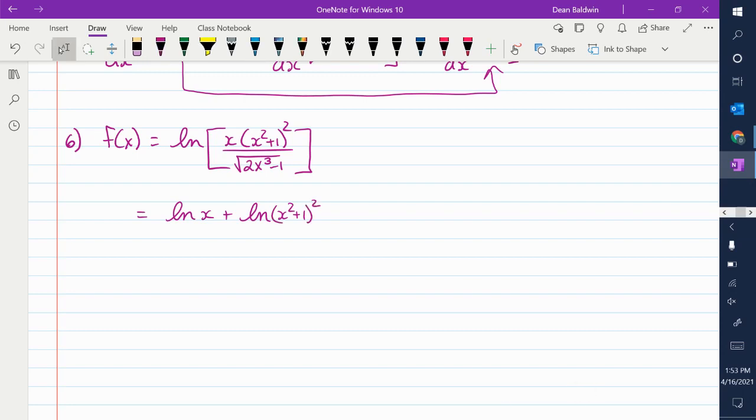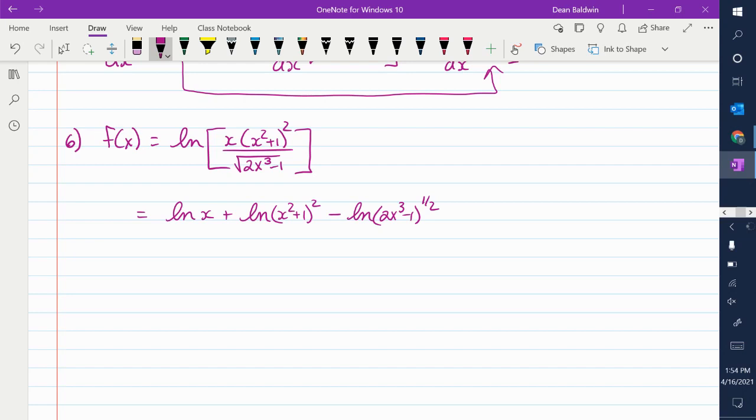And if you're dividing, you are subtracting. So I can subtract the bottom part here. And I'm going to write that with the exponent because we don't like radicals in calculus. Does everybody understand that step? This is important. It's not calculus yet. It's math 12 essentially, but everybody understand how I got there?